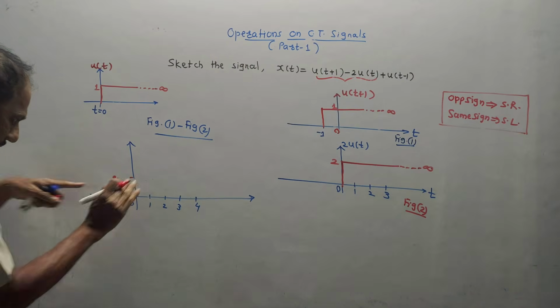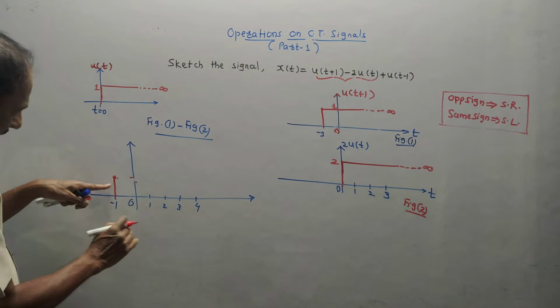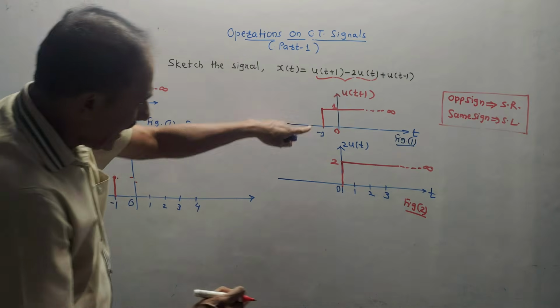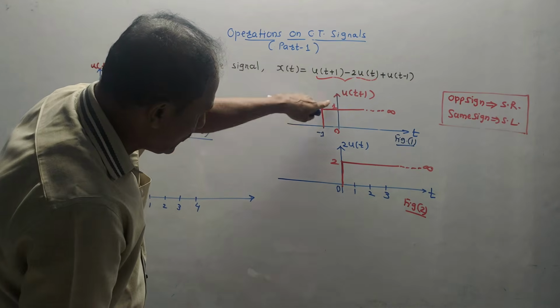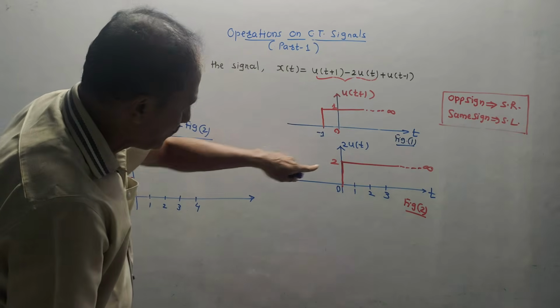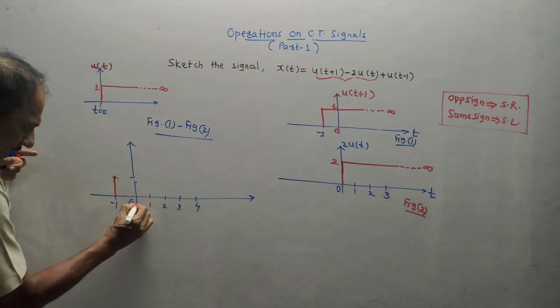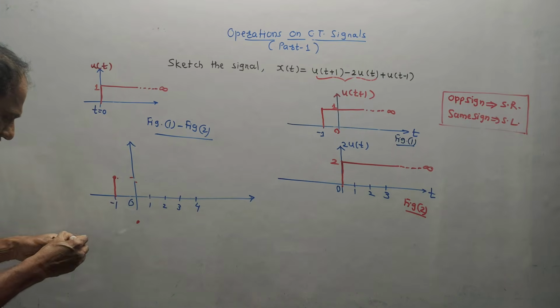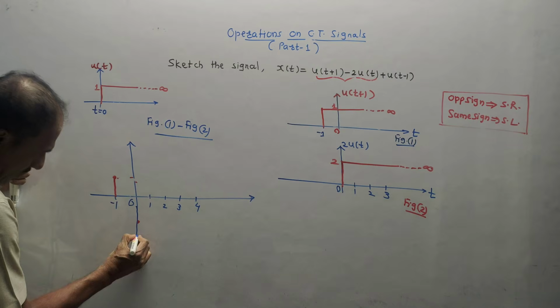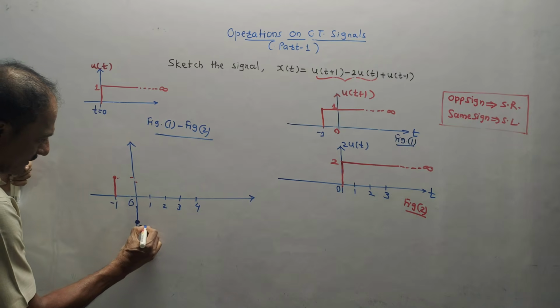I have completed the diagram up to this point. At minus 1, I got amplitude 1 because 1 minus 0 is 1. Then at 0, this is 1, and at 0, this is 2. 1 minus 2 is minus 1. So at 0, I got the value minus 1. Since it is minus 1, I will mark the reading on y-axis like this. This value is minus 1.